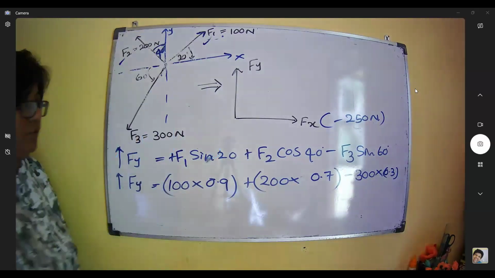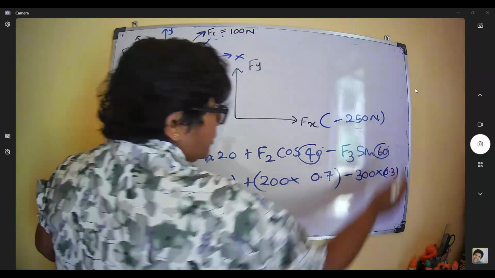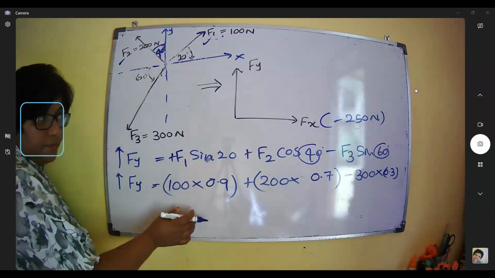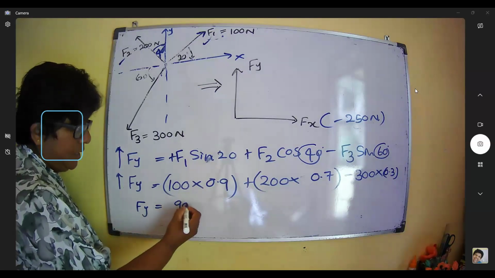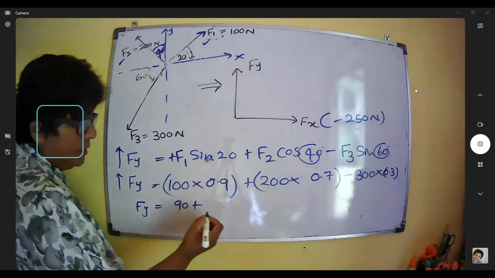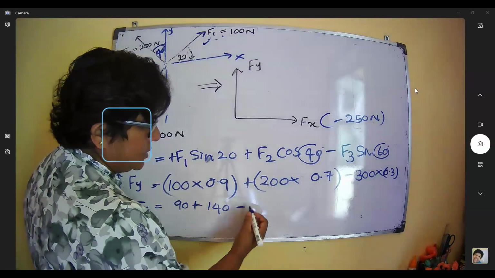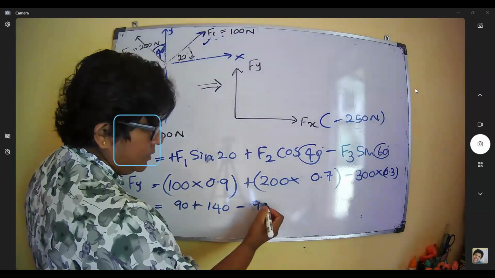Right, then we can substitute. Please check these values. When you are doing the questions, please check again. Then we can substitute for Fy: 90 plus 140 minus 90.